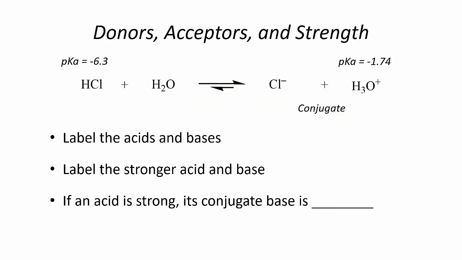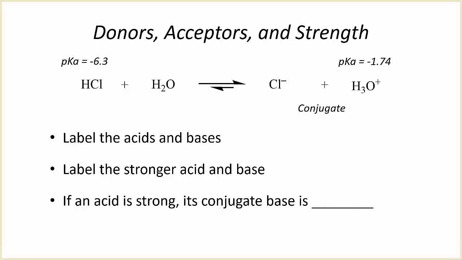So I've got a reaction for HCl and water to form chloride and hydronium ion. If you look at the pKa values I gave you, you'll notice that because the pKa of HCl is lower than that of hydronium, HCl is a stronger acid than hydronium ion.